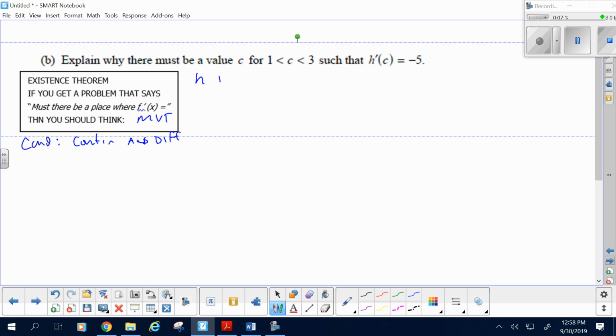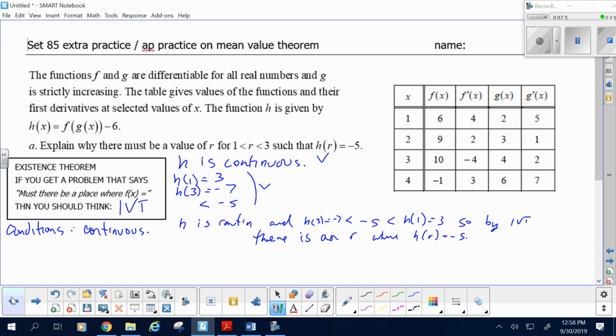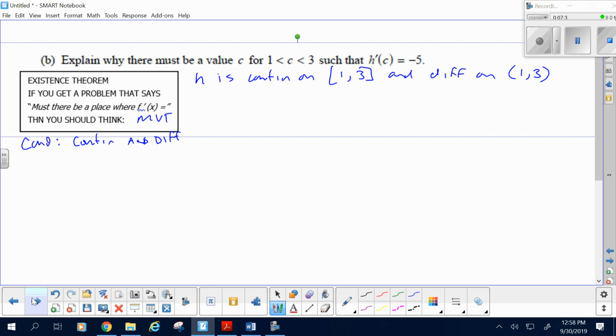I said something like H is continuous on 1 to 3 and differentiable on 1 to 3. Do they actually tell you that? Am I just assuming that? I hope I'm. Yeah. Okay, so F and G are differentiable, so H, the composition function, is differentiable. So by MVT, here's where I go slightly different.